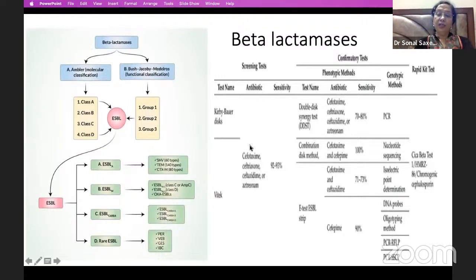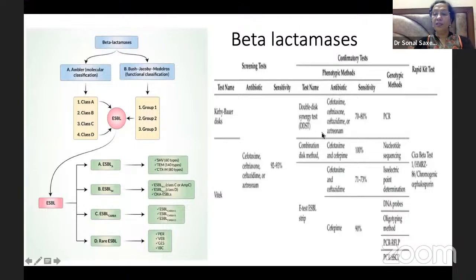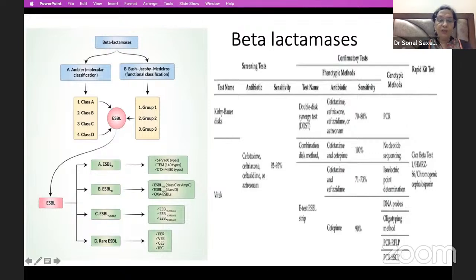And if you look at the beta-lactamase detection, you remember last class also I told you that in 2010 the breakpoints were revised so that you don't have to do double disc synergy test every time you're testing for ESBL. You just presume that if this is resistant to any of these drugs, then it is considered to be possessing an ESBL.